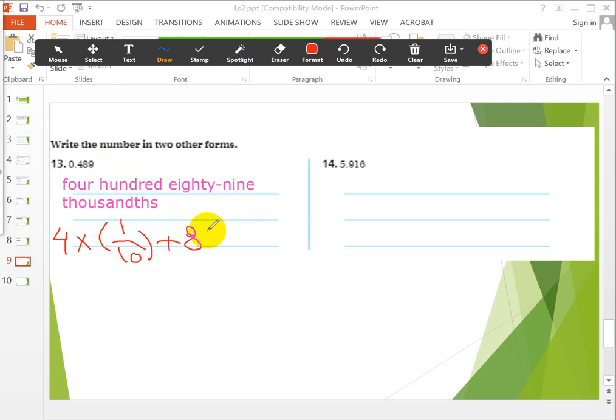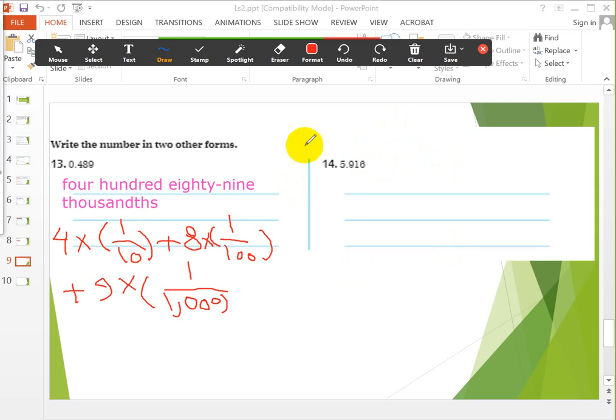The value will be 8 multiplied by 1 over 100, as we learned. What about the 9 in the thousandths digit? The value will be 9 multiplied by 1 over 1000. So this is the expanded form.